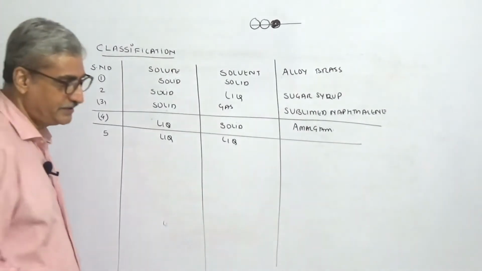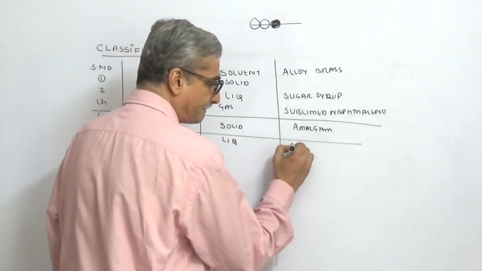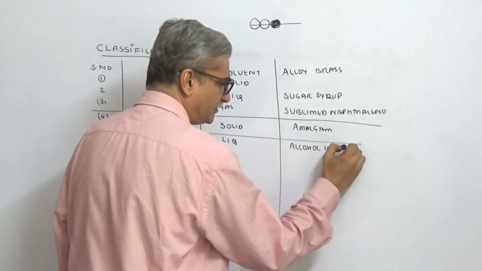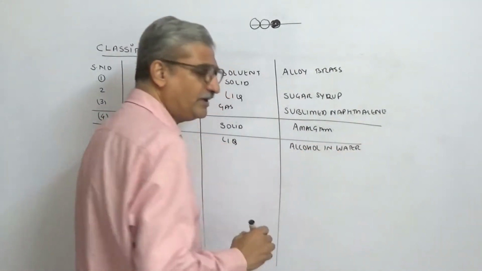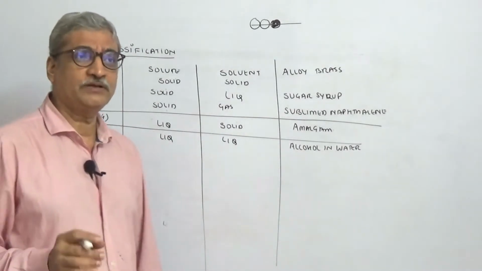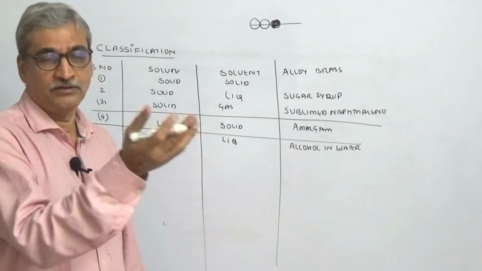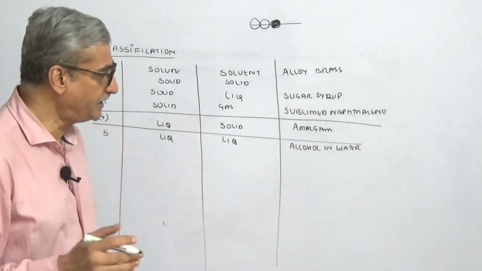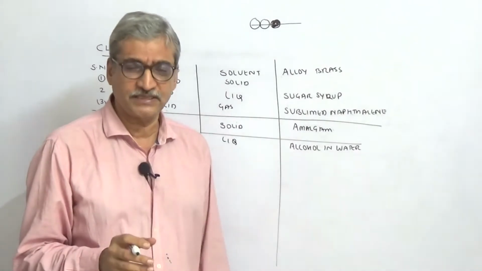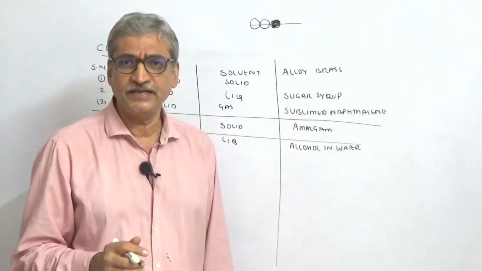You don't have to worry. It is alcohol in water. Normally the liquor which is sold, whiskey, brandy, rum, gin, contains about 42 to 47% alcohol and the remaining 58% will be water.